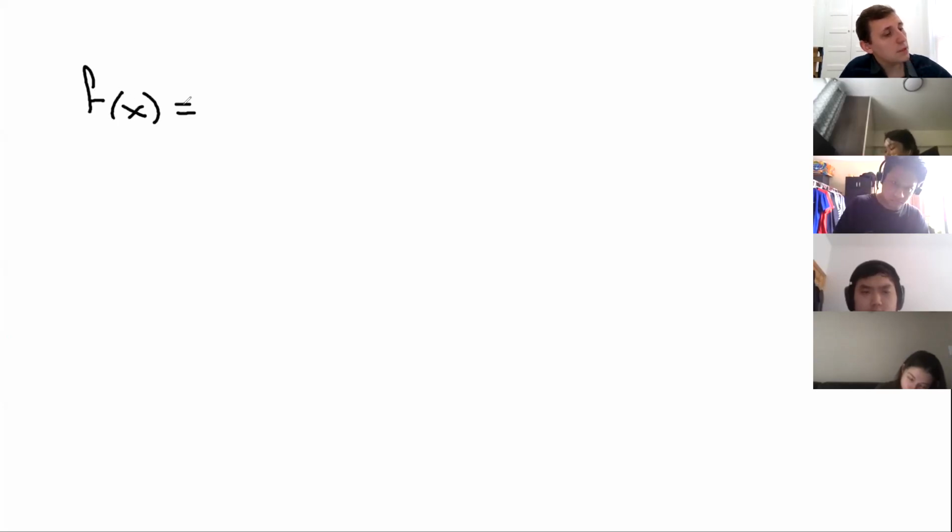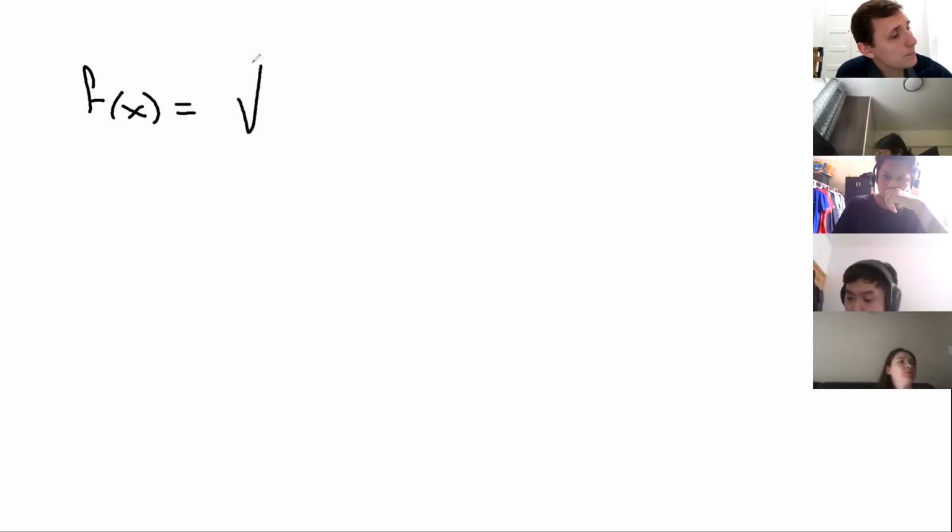Now, here is another question. Suppose you have this function, f of x, equal to the cube root of 1 plus x cubed.